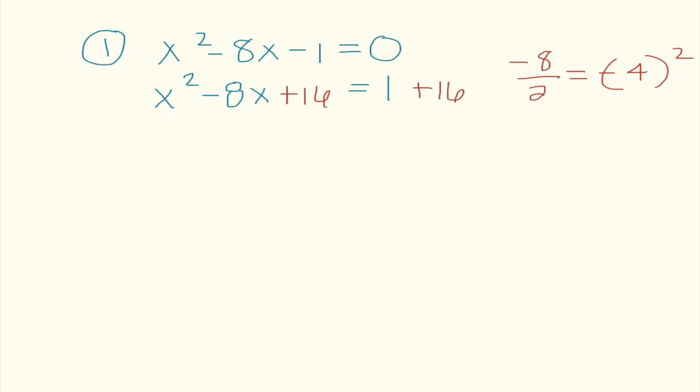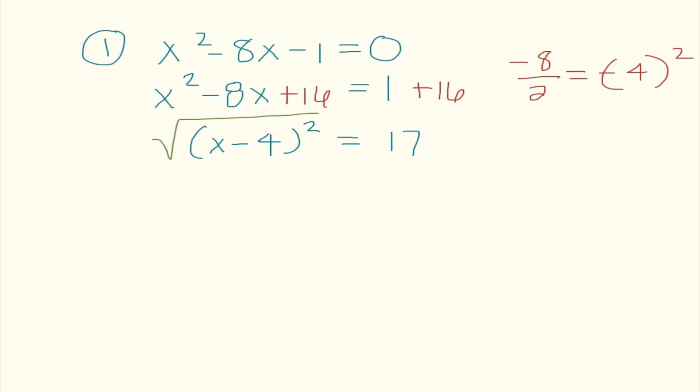Now when we factor this, I know it's going to be x plus or minus something squared equals 17. We learned our shortcut that this value is always half of the middle coefficient. So it actually becomes x minus 4 squared. The reason being, if I FOILed this out, -4 times -4 is 16, and -4 plus -4 is -8.